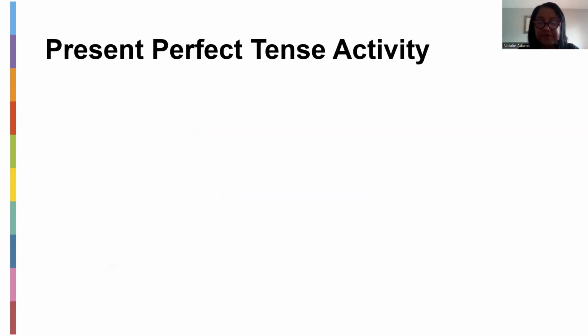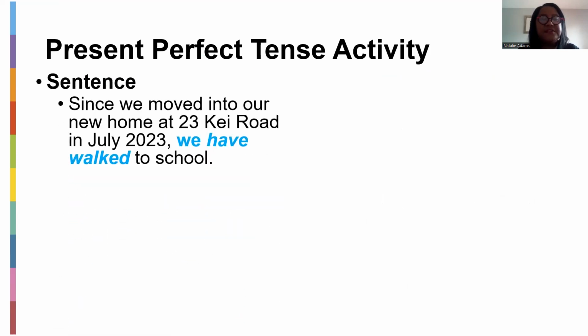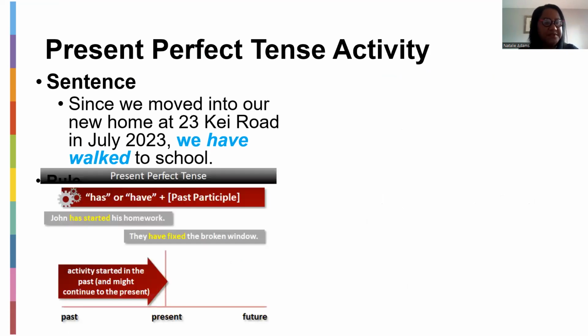So this would be a present perfect tense activity. So you have a sentence. Okay. So this is what the activity will be like. "Since we moved into our new home at 23 Key Road in July 2023, we have walked to school." The rule is, obviously, present perfect tense, "has" or "have."